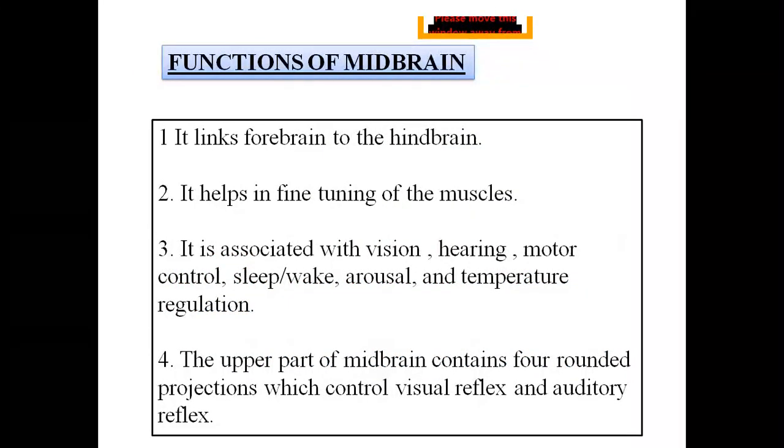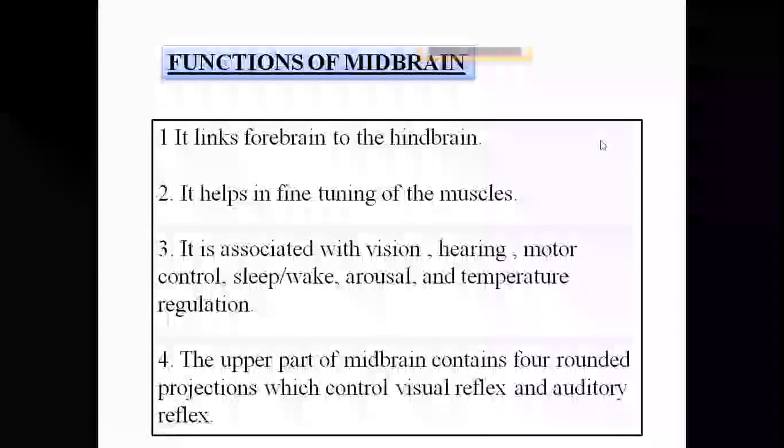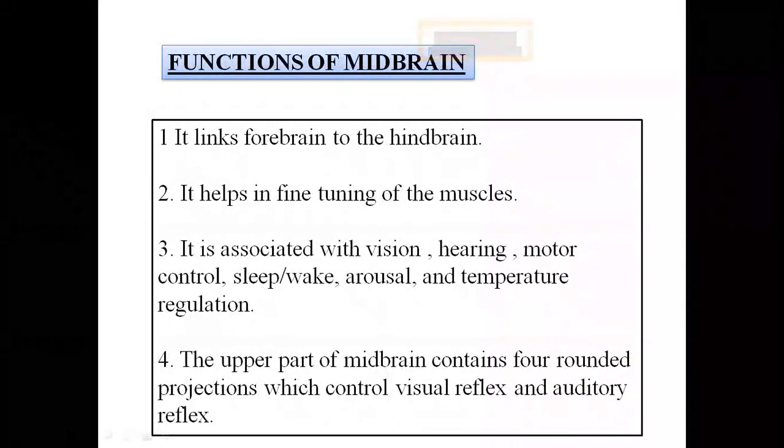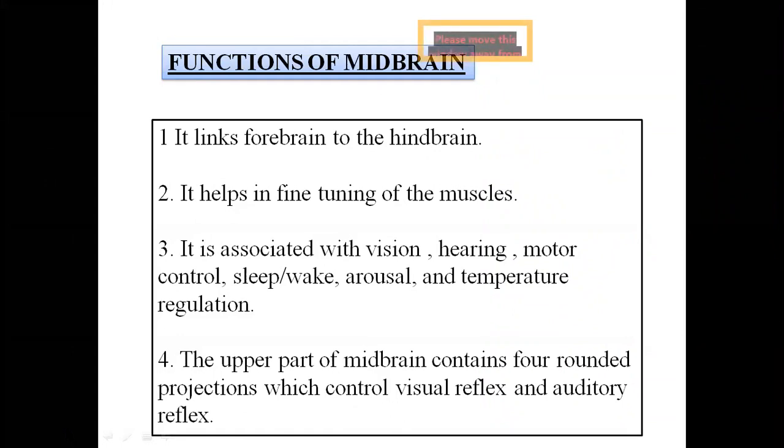Next, the different functions are mentioned again over here. It links the forebrain to the hindbrain. It helps in fine tuning of the muscles, and it is associated with vision, hearing, motor control, sleep and wake, arousal.